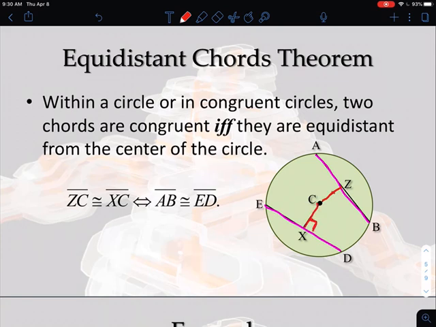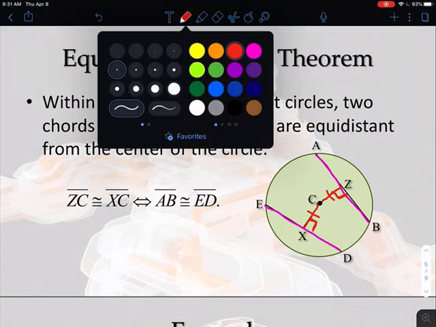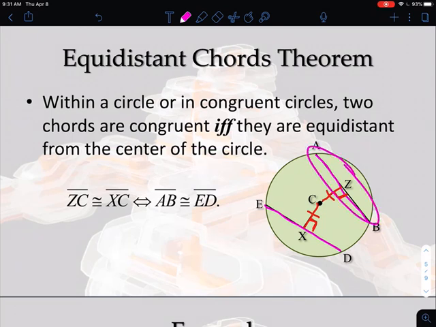Now these distances are going to be perpendicular because anytime we talk about distance from a point to a line, it's perpendicular. And so what we're saying here is if I know this distance from the center is the same as this distance from the center, then that means my chords have to be identical as well. So AB and ED have to be the same length.